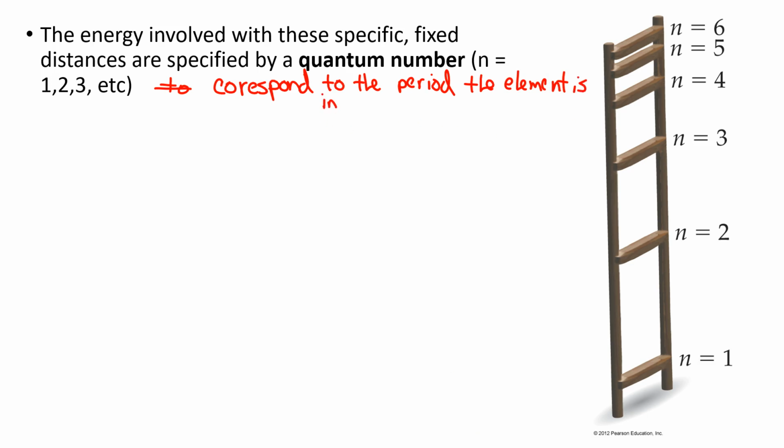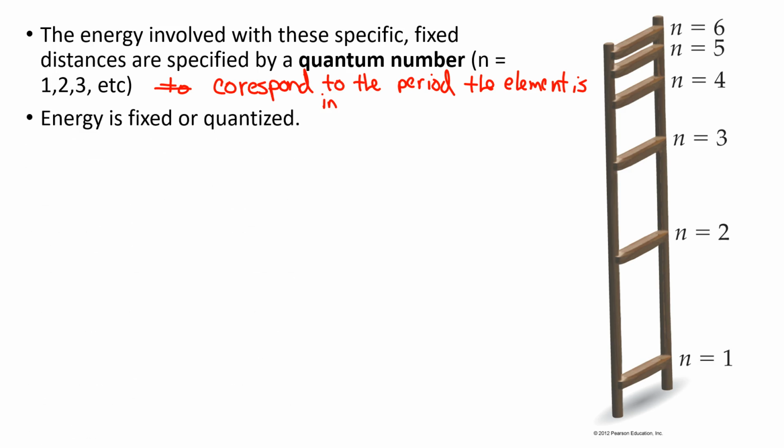So if you have an element that exists in period 6, its outermost energy level is going to be quantum level 6. That's where the valence electrons exist for that one. It will have all of the ones underneath it, but the outermost will be that one.